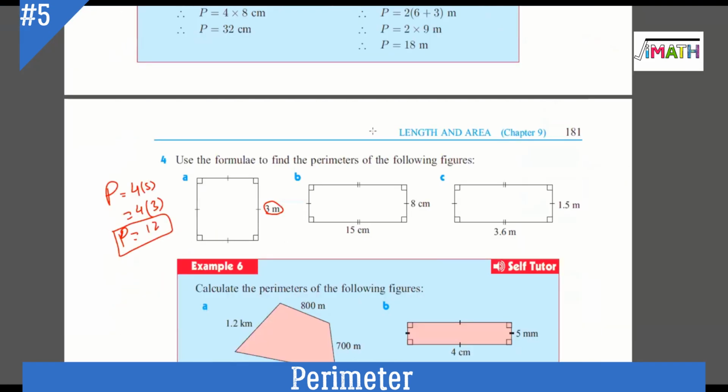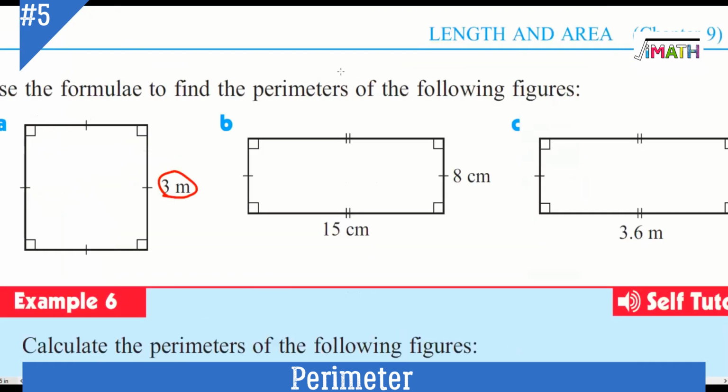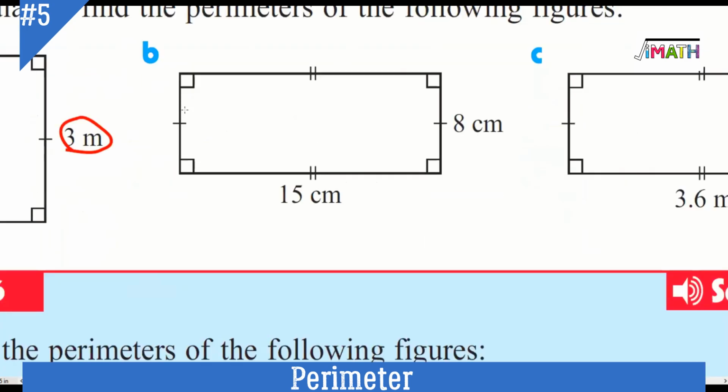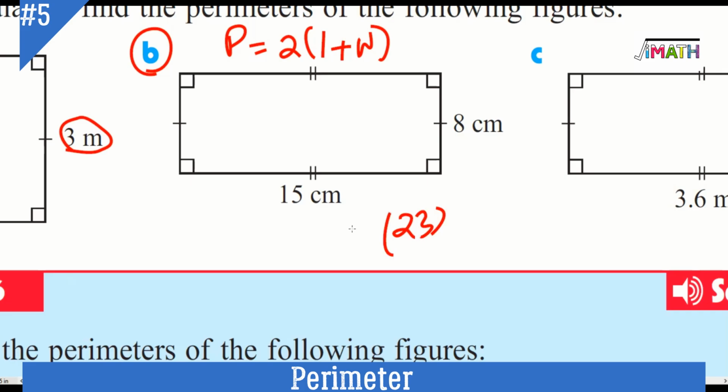Or you can use another way as well. So what do you think? What's going to be the perimeter of this rectangle? 15 plus 8 is going to be 23, multiplied by 2.